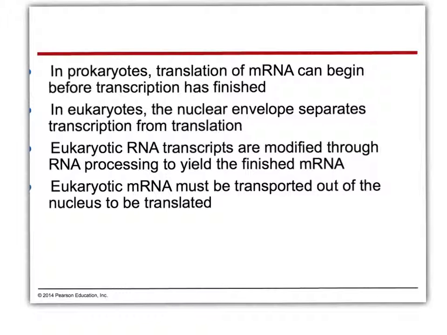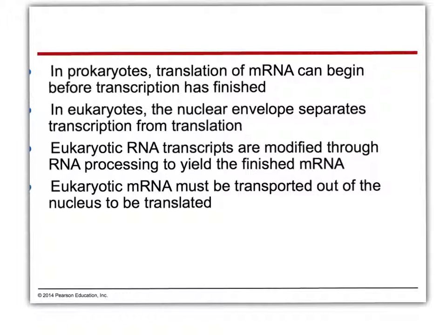So in prokaryotes, because there's no membrane-bound nucleus, transcription and translation start at the same time. But because of the separation in eukaryotic cells, there's a breakage. The mRNA is produced first and then travels out of the nucleus to where the ribosomes are. And then translation starts. So there's a break in the pattern, in the sequence.